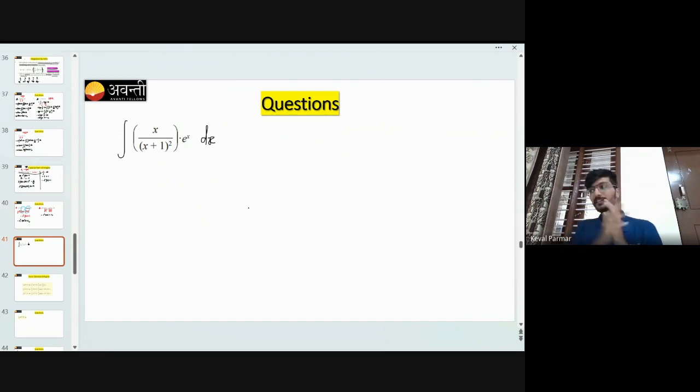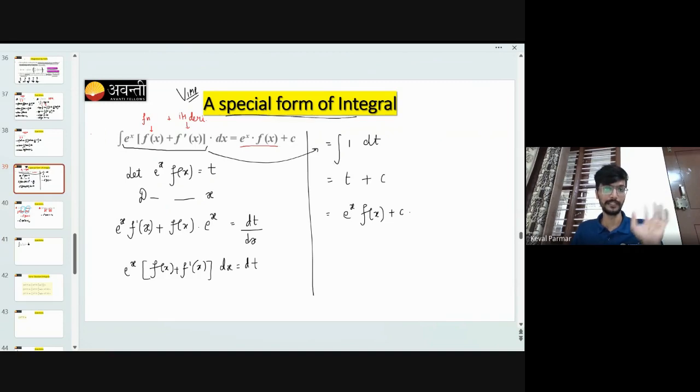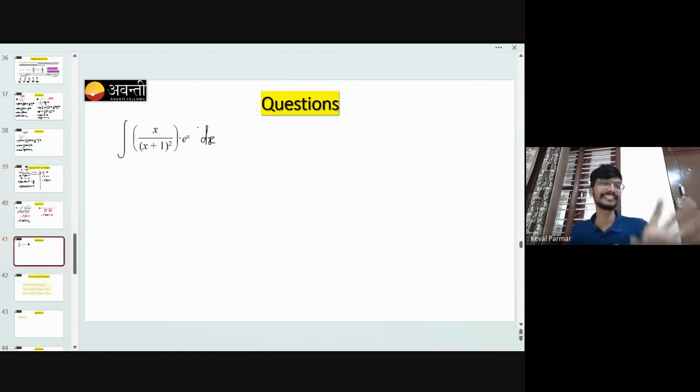Now believe me, the main problem in solving these types of questions, or integration questions, is to click which format it is. Like, we are doing this question under the heading of a special form of integral. So it is a human tendency that we know we have to use that special form.